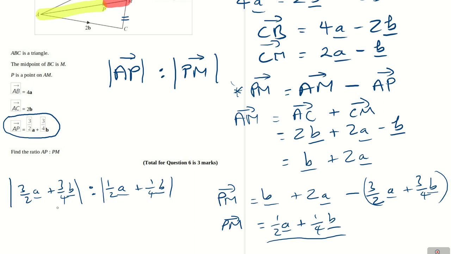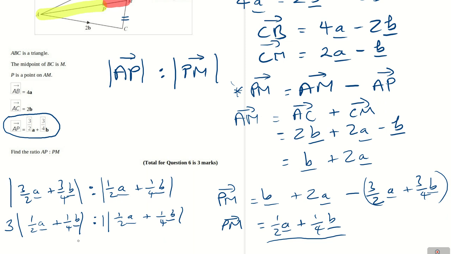Right, now what we can do is, if we take 3 out of this one, we're going to have 3 lots of whatever this magnitude is, to just 1 lot of that, 1/2 A plus 1/4 B. And we don't need to know what these magnitudes are now, because you can see that we've just got 3 times something to 1 times that thing.